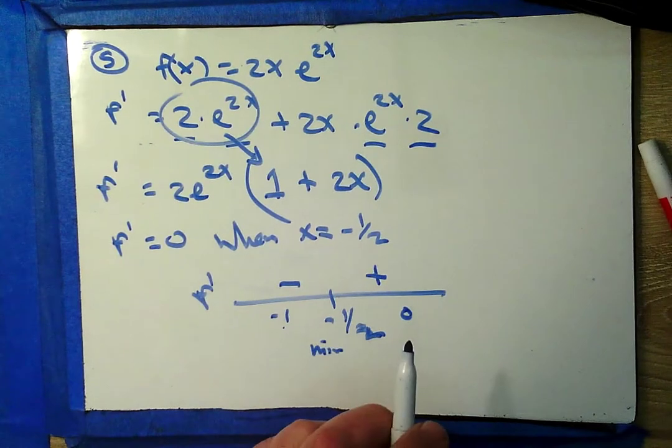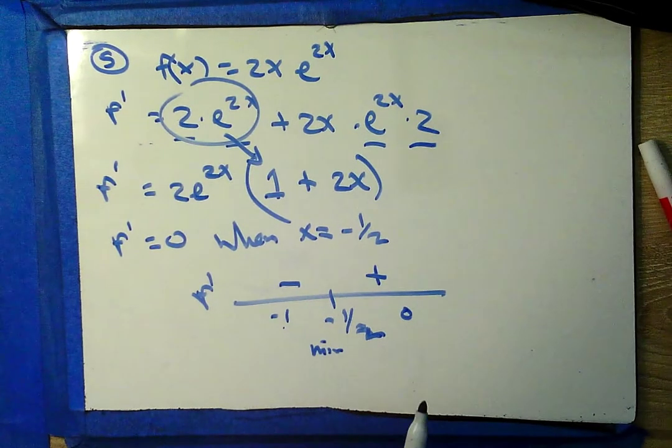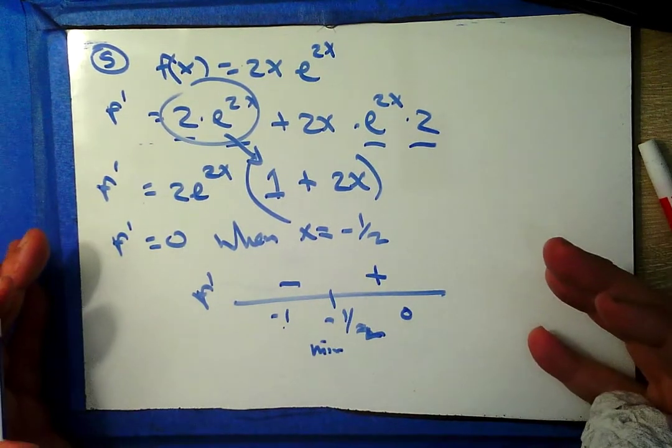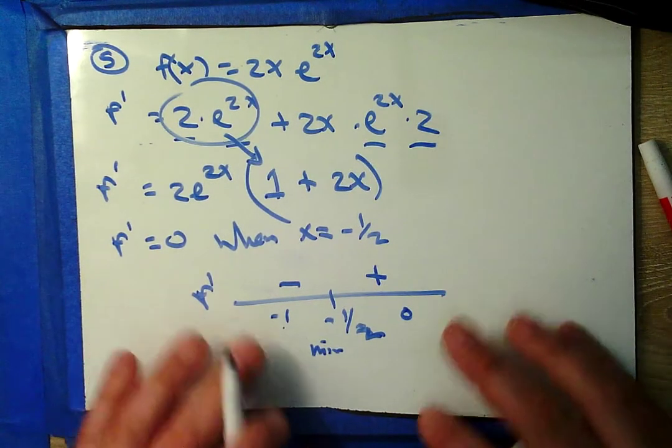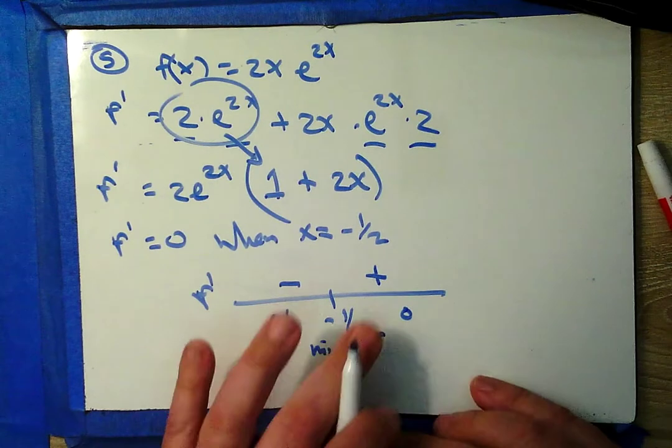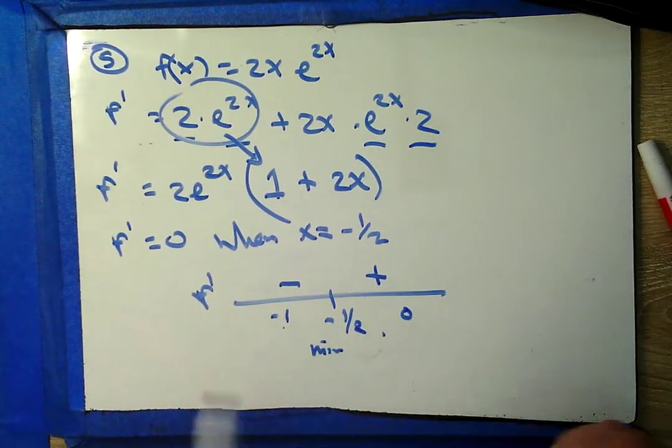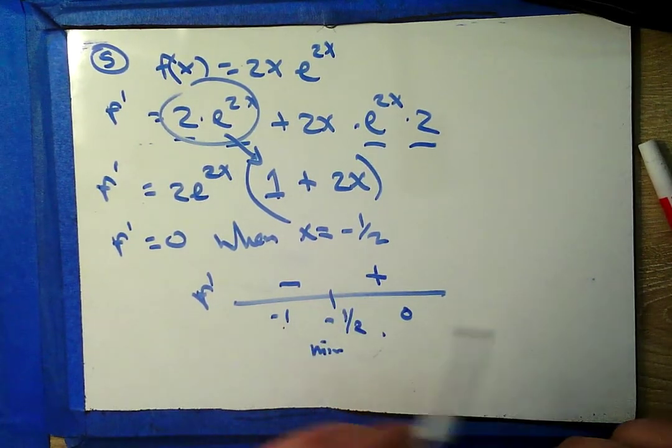And it said, find and justify the absolute min. Well, there are no other critical points. There are no endpoints of a bounded interval that we need to be concerned with. So this min is, in fact, the only min. And so we can write our justification sentence because it asks for one.